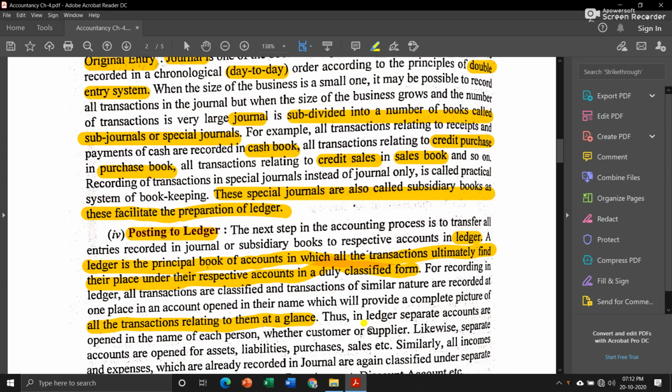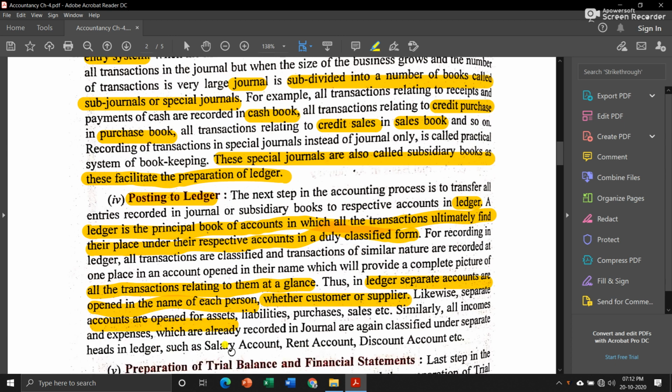Thus, in the ledger, separate accounts are opened in the name of each person. If you're running a business, there will be lots of suppliers and lots of customers, and for each and every person you will create a different account, whether customer or supplier. Likewise, separate accounts are opened for each and every asset, liability, purchases and sales. For every account there will be one separate ledger.